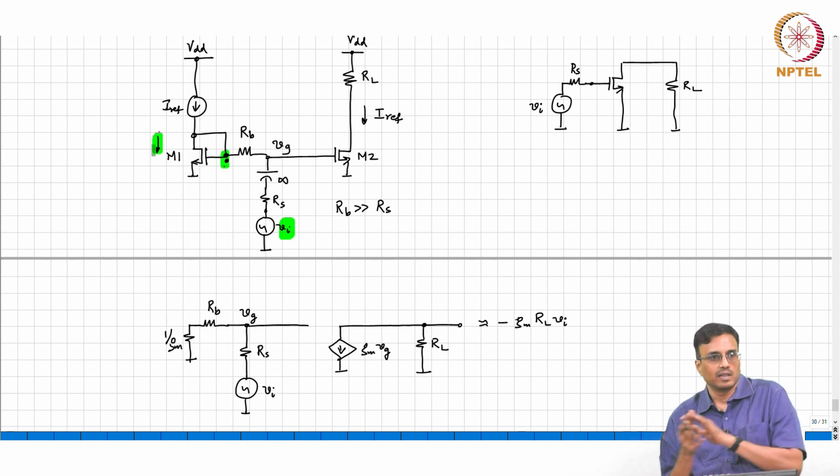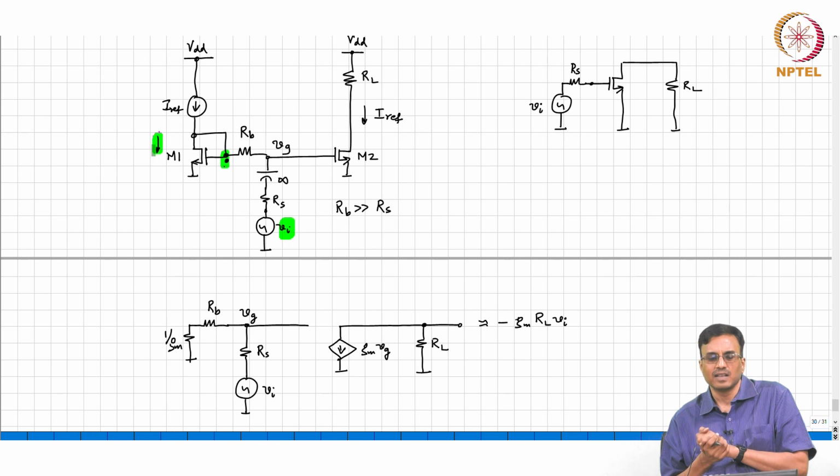So it does not matter how large that Vi is, M1 is always going to be in saturation and carrying a current Iref, all right. So it is only M2 swing that you have to worry about, and that you can do using the usual formulas, the approach that we discussed yesterday, right.